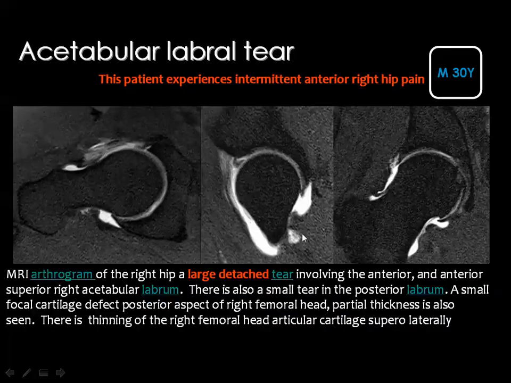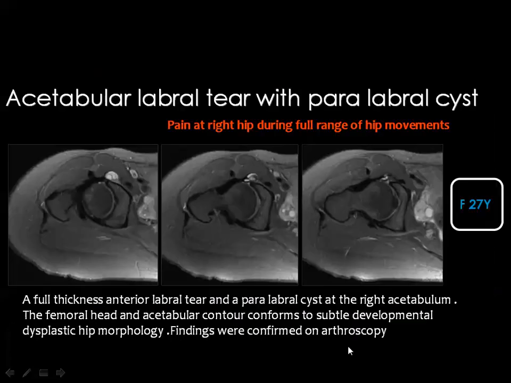And this is another example of a labral tear, where you have separation of the base of the labrum and contrast material is passing through or between the labral base and the acetabular rim. And one of the signs of labral tears is the presence of a collection of fluid at the site of the injured labrum, what is known as the paralabral cyst.